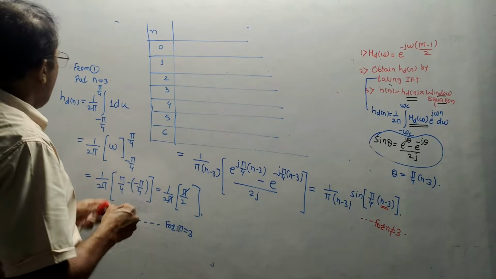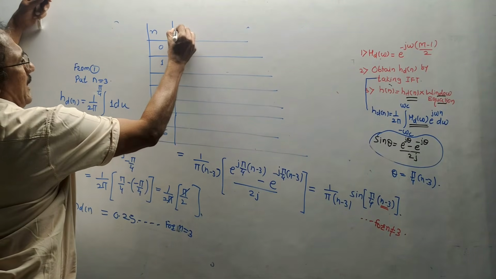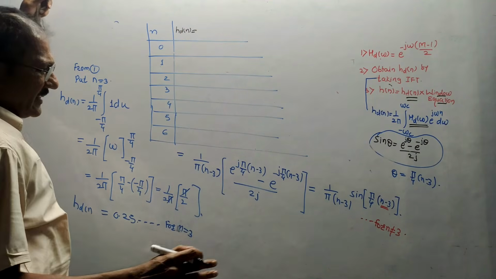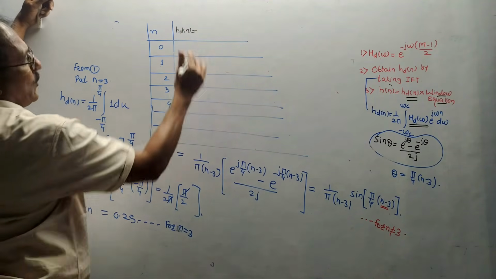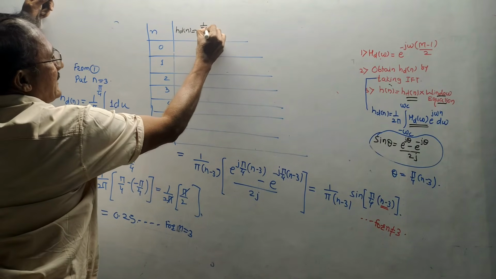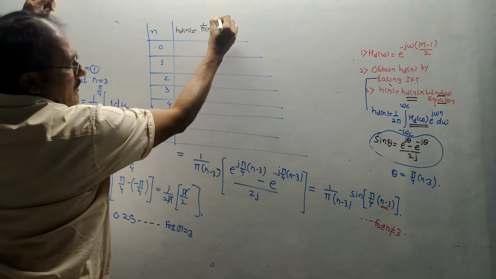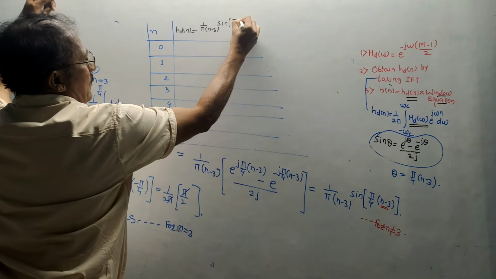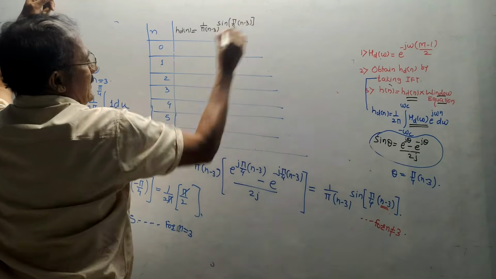Now, in the next column, I have to put the value of hd of n. We already derived this formula, so write this formula directly: 1 by pi (n minus 3) in the bracket, sine pi by 4 (n minus 3).